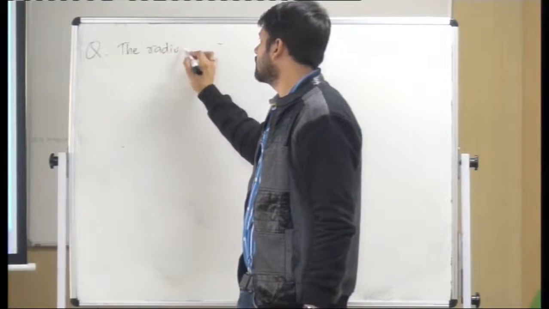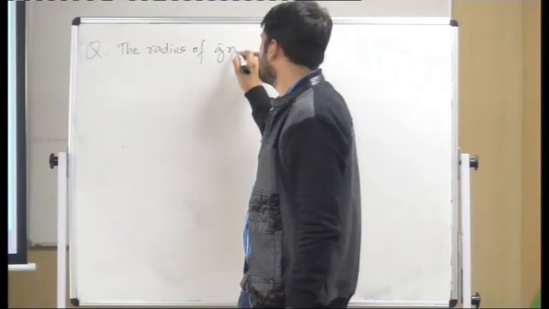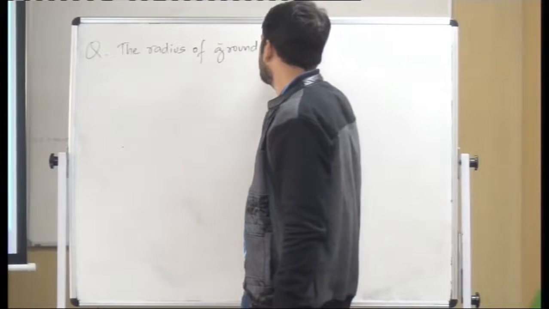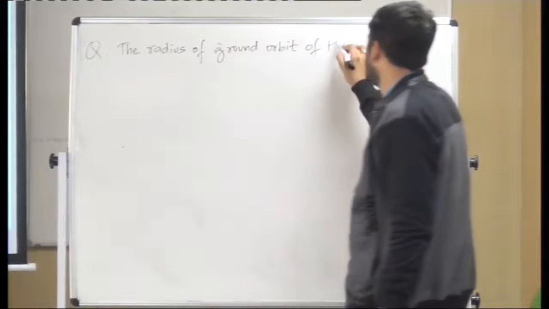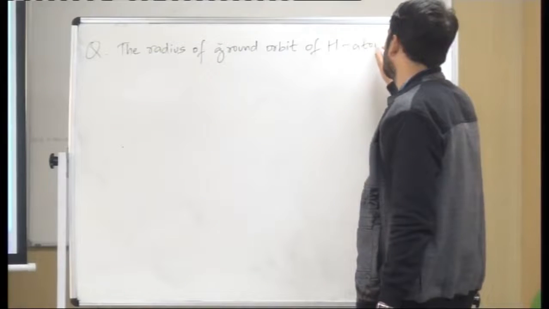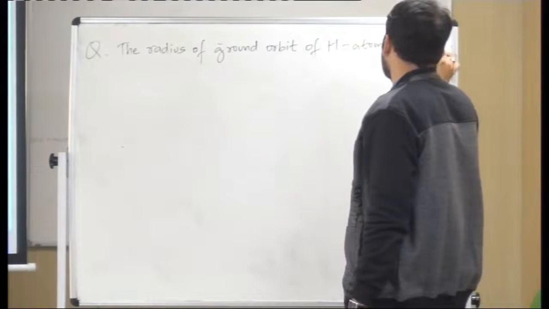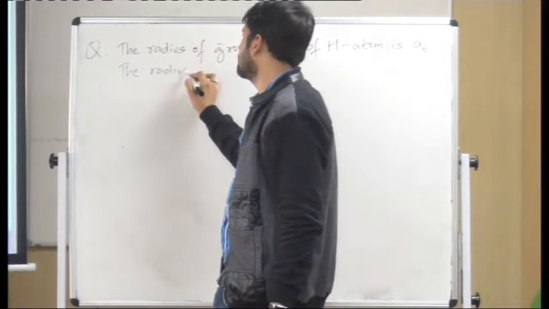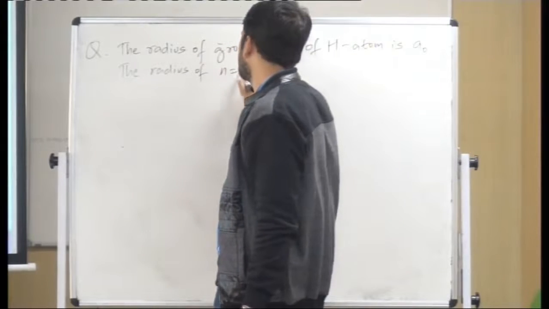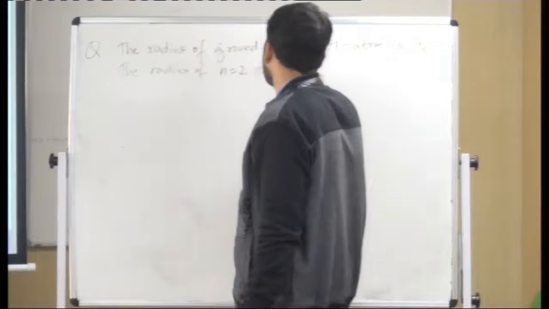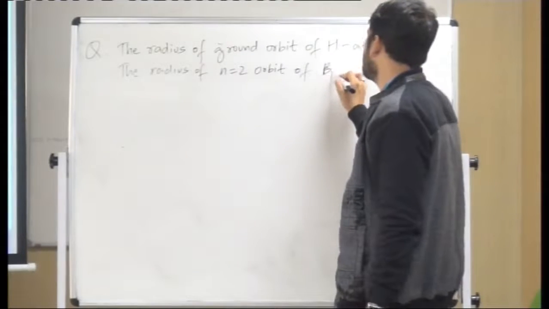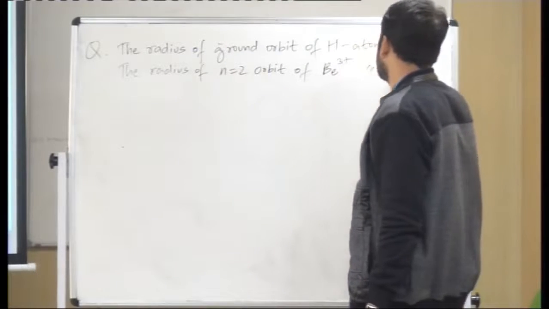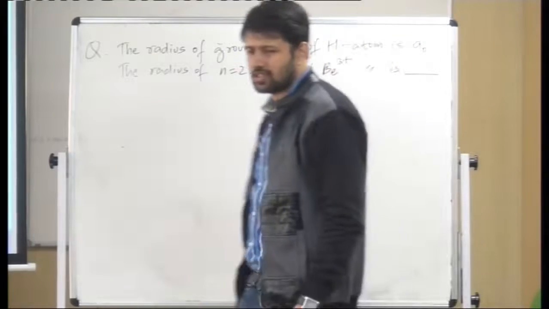The radius of the ground orbit of hydrogen atom is a naught. The radius of n equal to 2 orbit of Be3 positive atom is, this is easy, right?